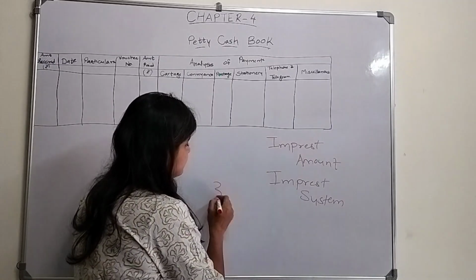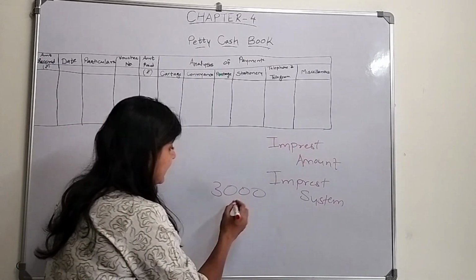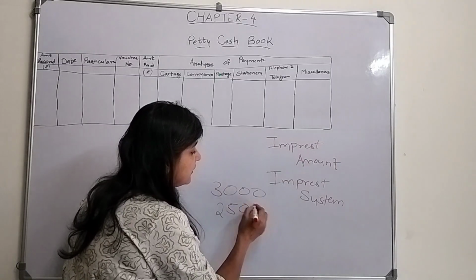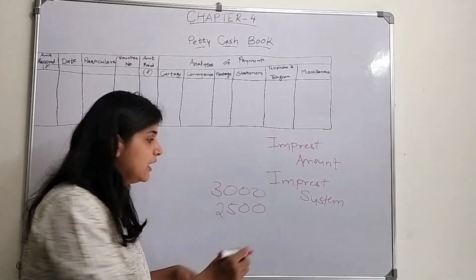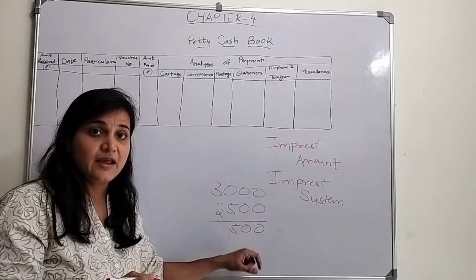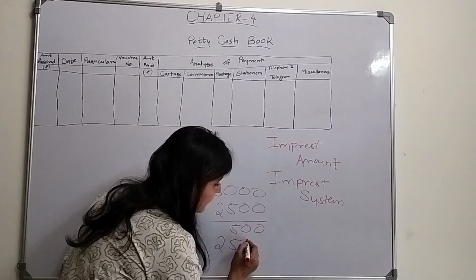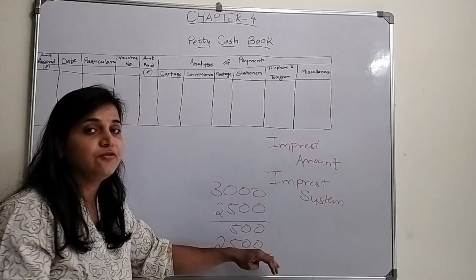Let's say the main cashier is paying 3,000. He has spent almost 2,500 within a week, so the balance remaining with him is 500. When the week gets over, again the main cashier will give him 2,500.